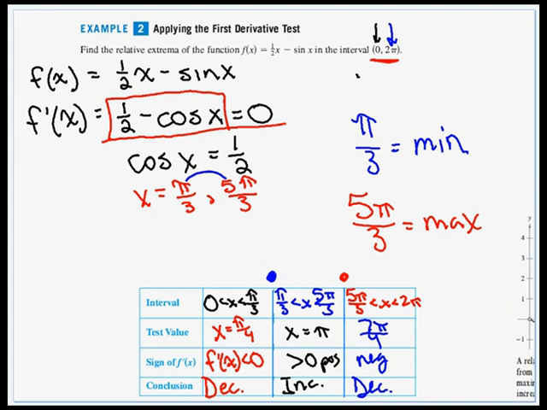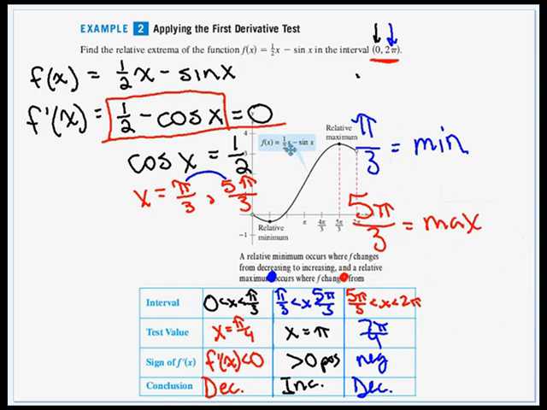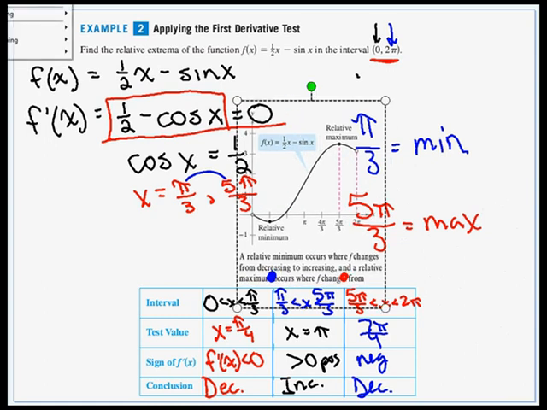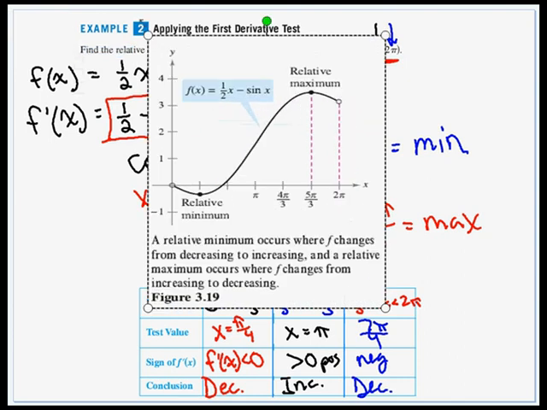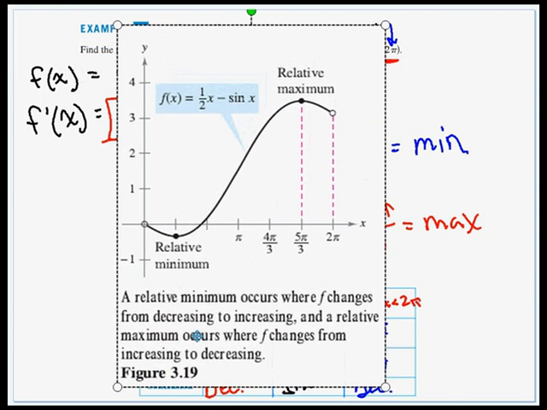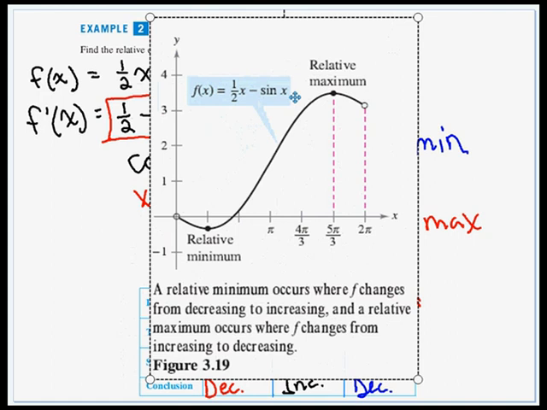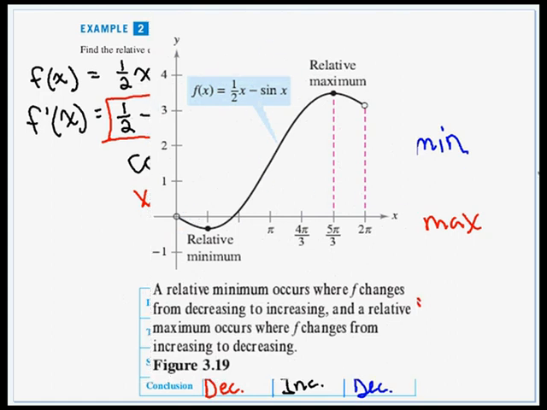And let's pull out our graph here. And here's the graph of our function, 1/2 x minus sine x from 0 to 2 pi. Again, the first thing we did was take the derivative, set it equal to 0, and we found a couple critical numbers right here. This would be 1/3 pi, and then right here at 5/3 pi.